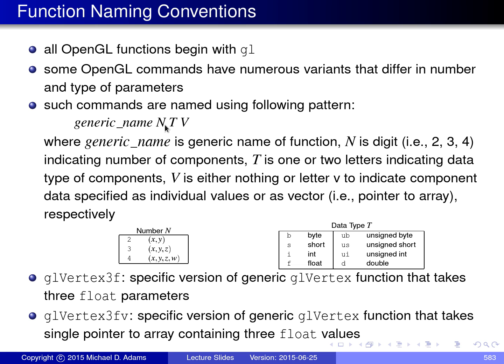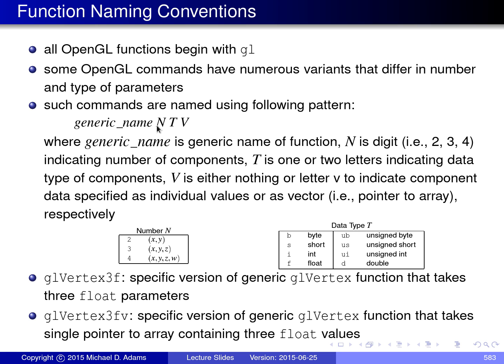Then we have a bunch of other letters or numbers that follow this that specify how the vertex is specified. Is it specified as an xy coordinate, in other words with two coordinate values? Or is it specified with xyz? Or is it specified with xyzw, in other words a homogeneous coordinate, and so on. Also, we can specify the coordinate values as doubles or floats or ints. There's a number of different variations there. And then also we can specify a pointer to an array which holds these values as opposed to passing the values themselves.